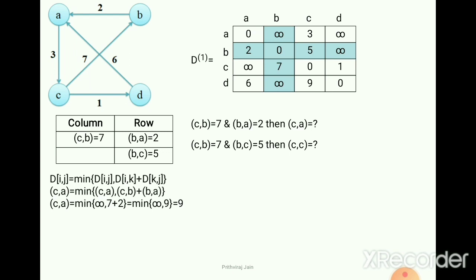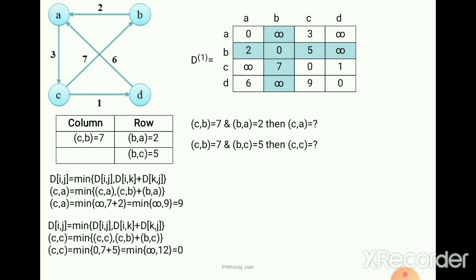Next, C comma B equal to 7 and B comma C equal to 5. Then what is the distance from C to C? Minimum of C comma C, C comma B plus B comma C. In the matrix, the distance from C to C is 0, C to B is 7, B to C is 5, and 7 plus 5 is 12.